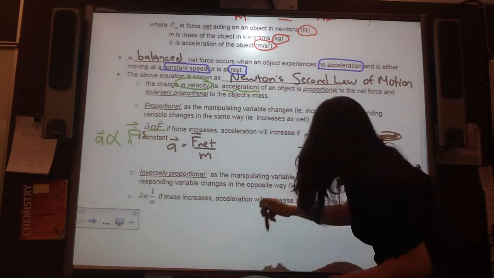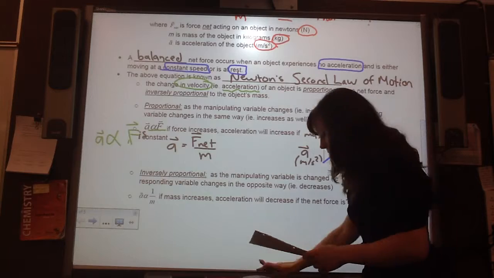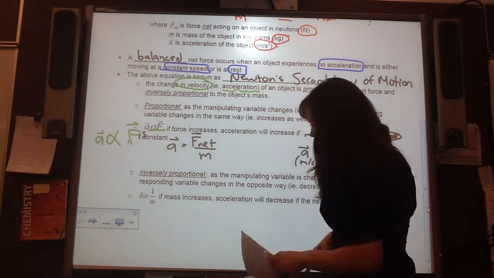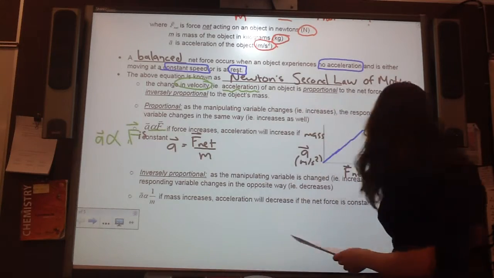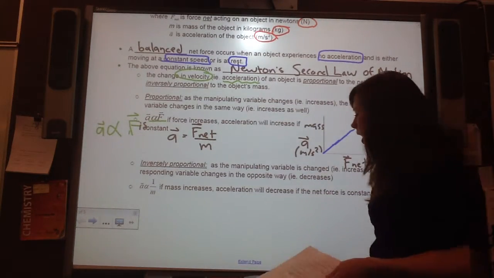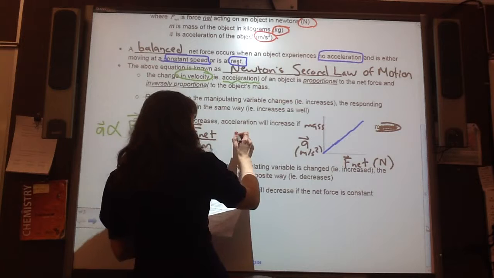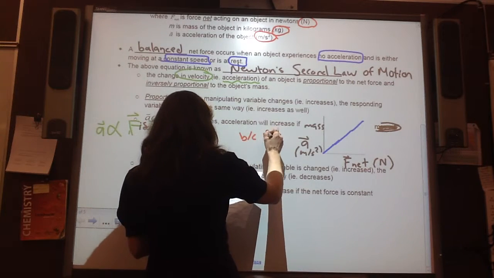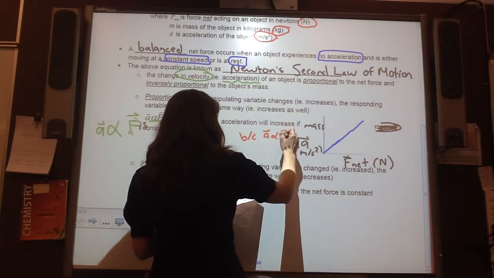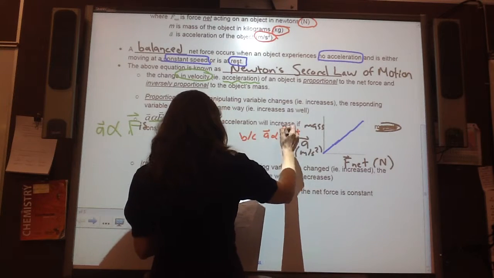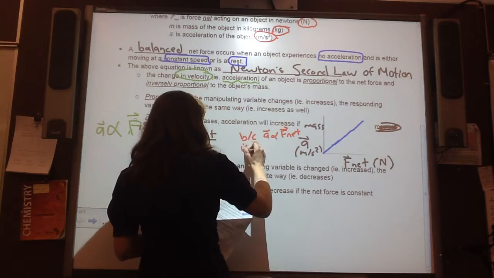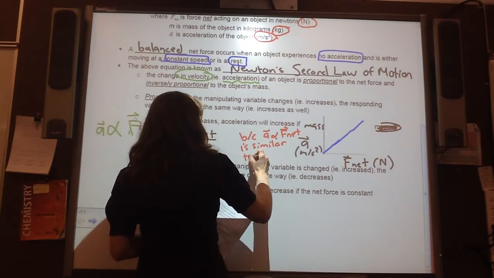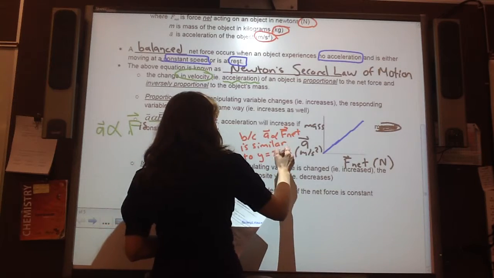And this is because, we don't really have much space here, do we? I'm just going to write it here, wherever you have space left. This is because A is proportional to F net, which is similar to y equals x.